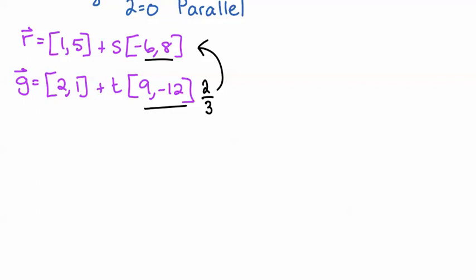Like 18 over 3 would be 6, 24 divided by 3 would be 8, except my negatives and positives are different, aren't they? Yeah. So I'm thinking these lines are going to be parallel or coincident, because my direction vectors are pretty much scalar multiples of each other.